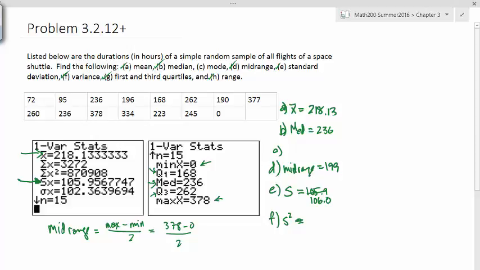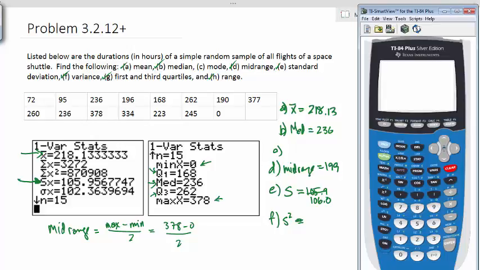So let's take out our calculator. Let's take our standard deviation of 105.95677. The more decimal places, the better. We'll go ahead and square that. And then we get 1126.8. Now, if you just took 106 and squared that, you can see that our answer is quite different.